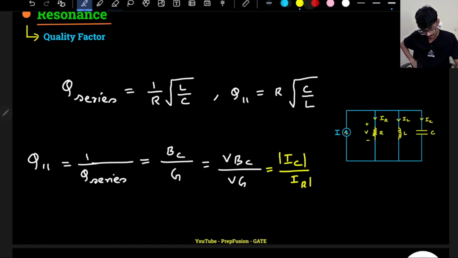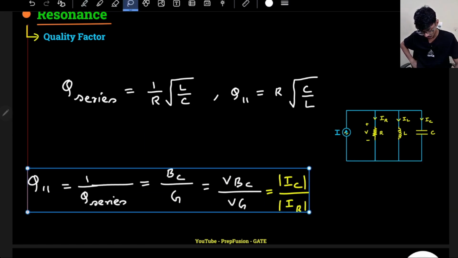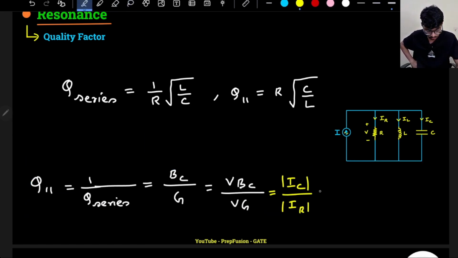At resonance, the magnitude of IC is equal to the magnitude of IL, that we already know. At resonance they cancel each other out. So this can also be written as the magnitude of IL divided by the magnitude of IR. Same thing only, it will work.